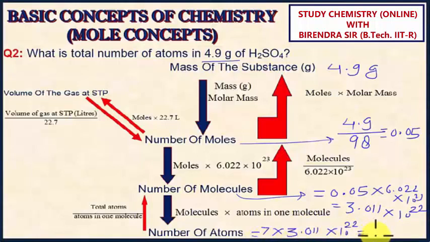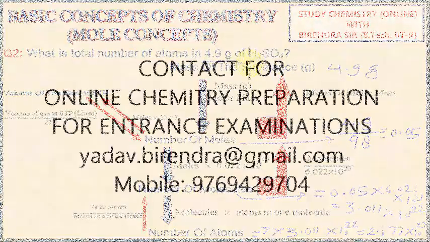Now if you solve this, the value will come as 2.177 into 10 raised to 23. So this is the number of atoms present in 4.9 grams of H2SO4.